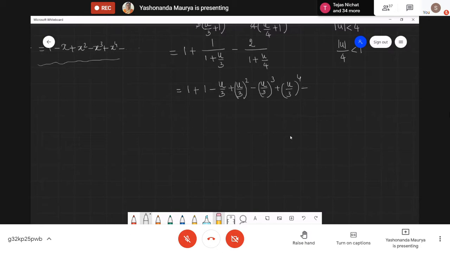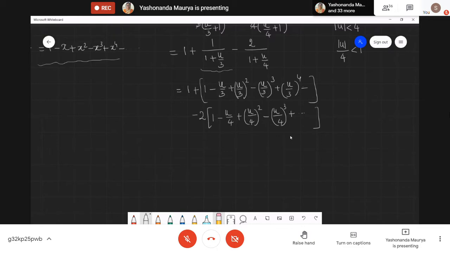Here it will be negative. So this is my first expansion. Now similarly the second one, on the same lines: minus 2 times 1 minus u by 4 plus u by 4 whole square minus u by 4 raised to the power 3 and so on. So this is the expansion in the region number 1.